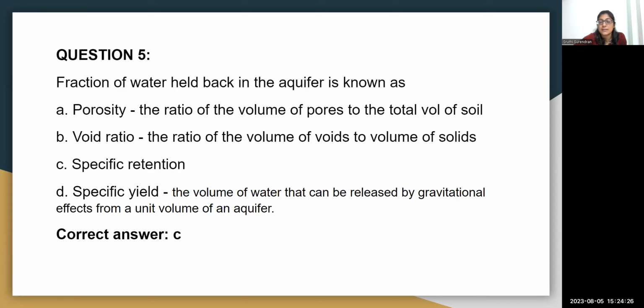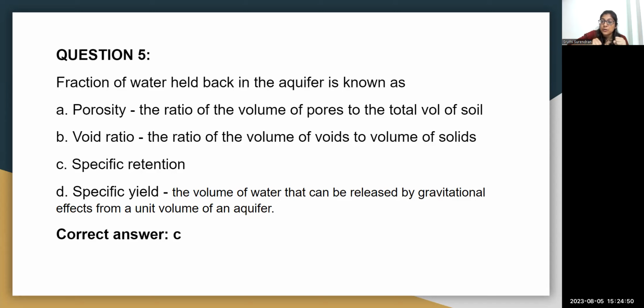Now porosity is related to two other terms called specific retention and specific yield. Let's see what specific yield is first. Like I said, an aquifer comprises water. How is it getting its water? When precipitation happens, water enters the soil particles and moves down to saturate the soil sample, which saturates the aquifer.